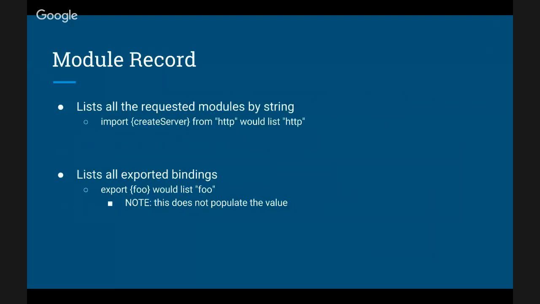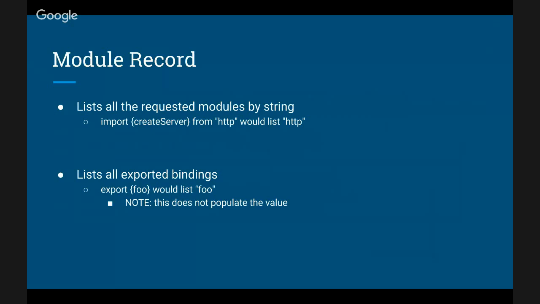And so what is a module record? A module record is something that the JavaScript specification basically states must be present by the VM. So V8 has to implement this, and it needs to have some specific properties on it.